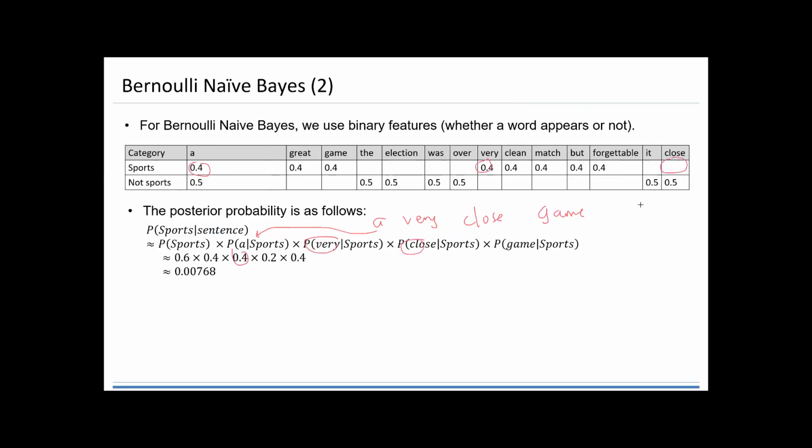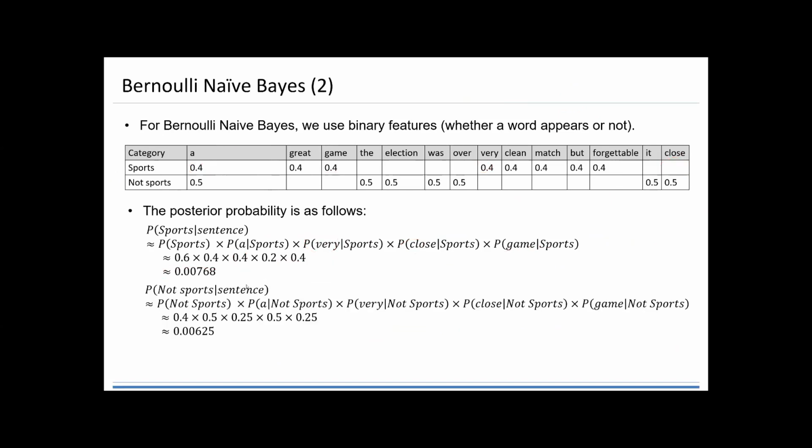So we calculate as before, 0 plus 1 divided by 3 plus 2, then it is 1/5. 1/5 is 0.2, so we put 0.2 here. And then game in sports is 0.4. So we got the probability 0.0768. And again, we calculate the not sports given the sentence.